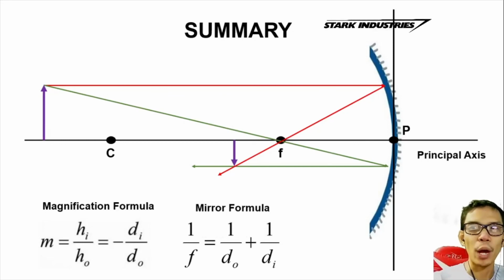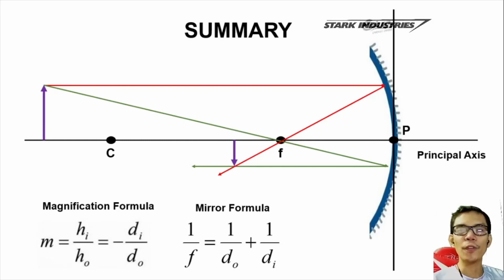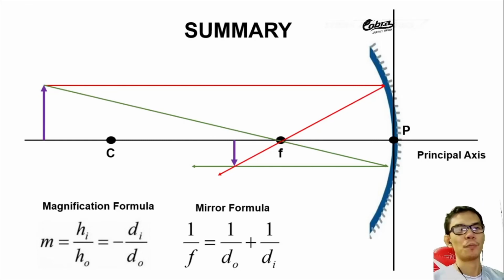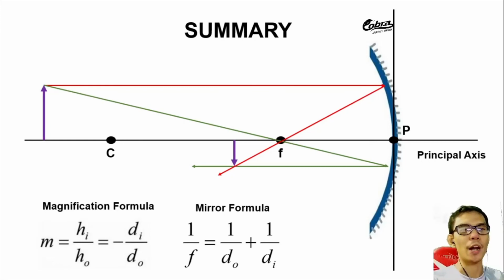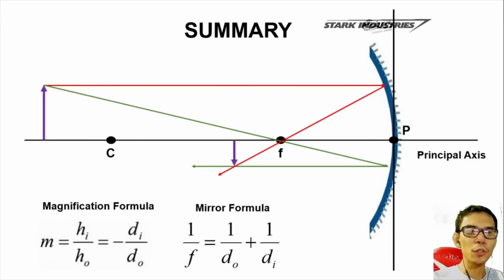It says that 1 over the focal length is equal to 1 over the distance of the object plus 1 over the distance of the image from the mirror. These are the two formulas that we are going to use in our analysis with regards to the quantitative approach in the characteristics of the image produced by concave and convex mirrors.